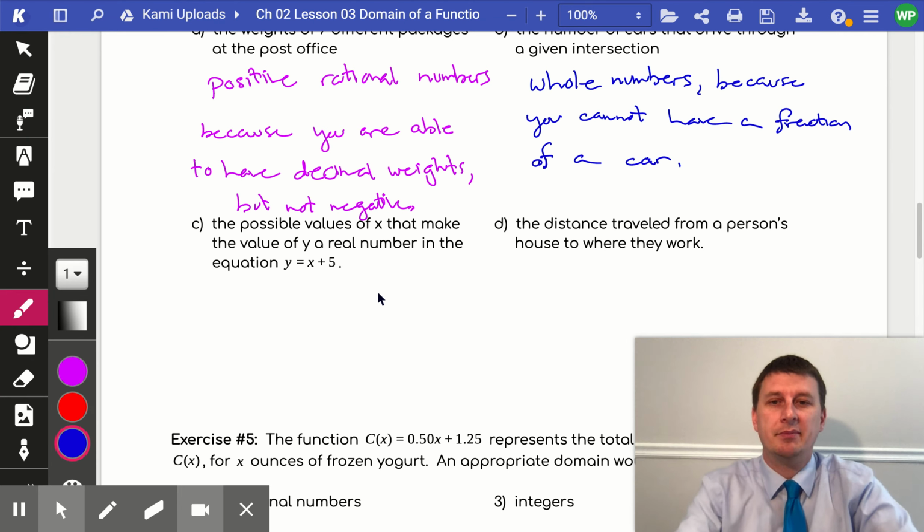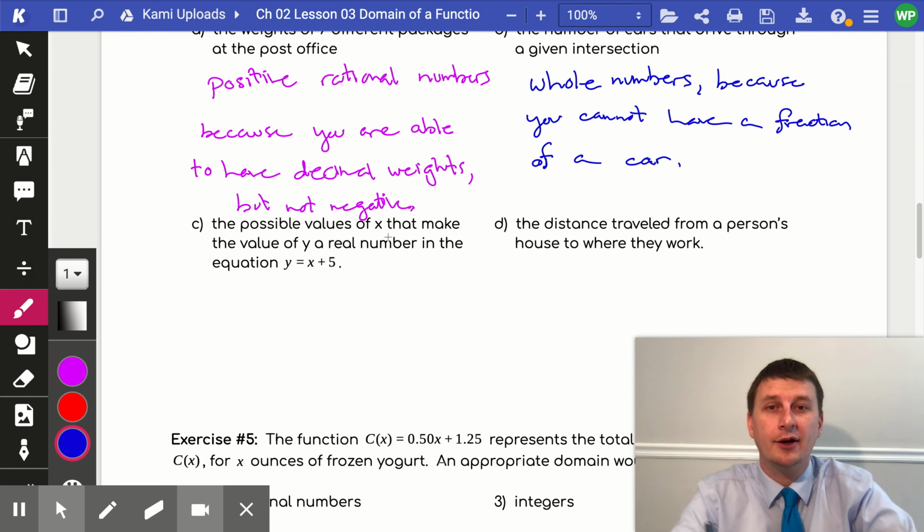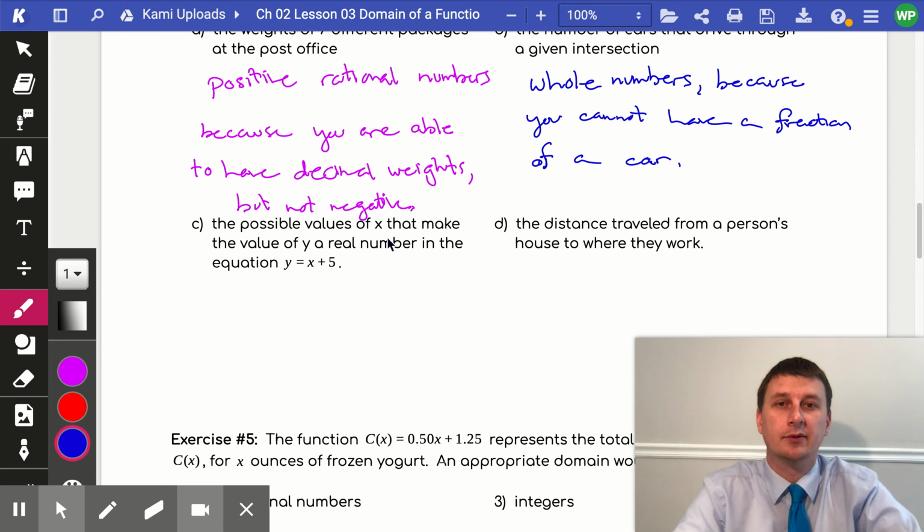In part C, it says the possible values of x that makes the value of y a real number in the equation y equals x plus 5. So what numbers can you substitute in for x, add 5 to it, and make y a real number? Well, any real number plus 5 will result in a real number.